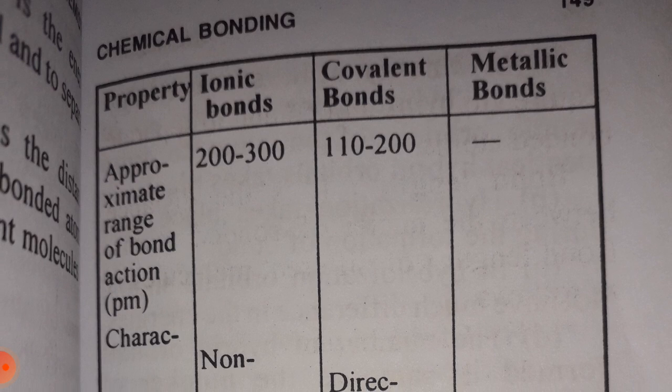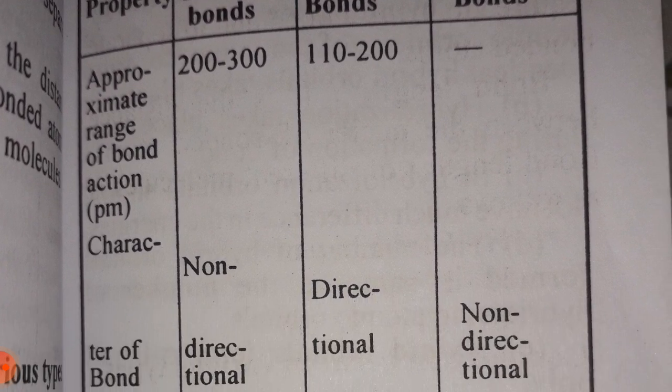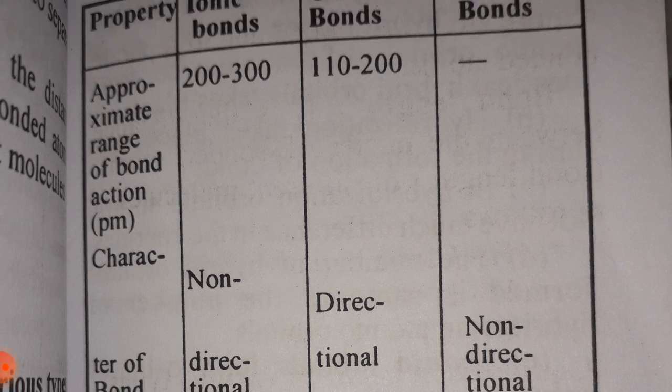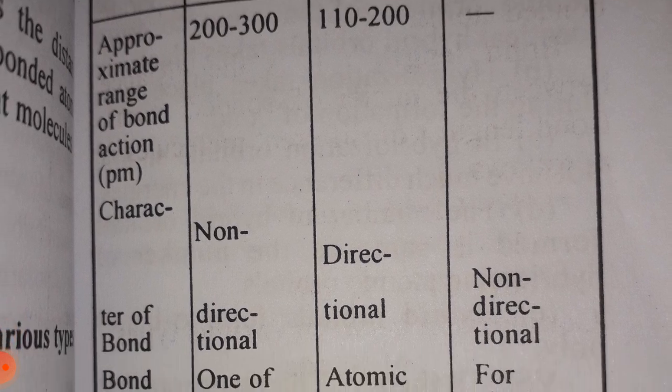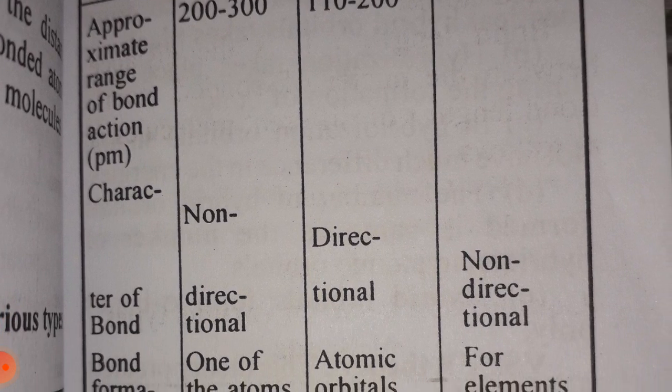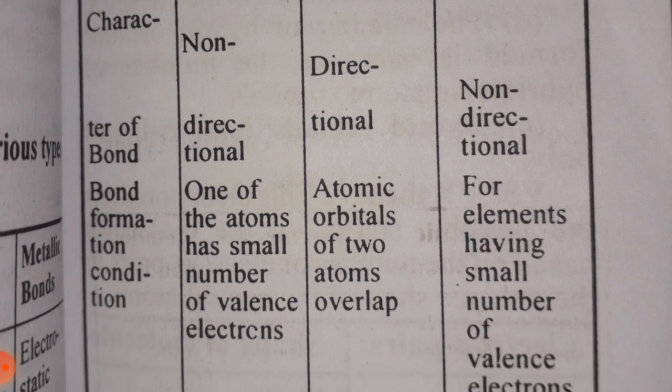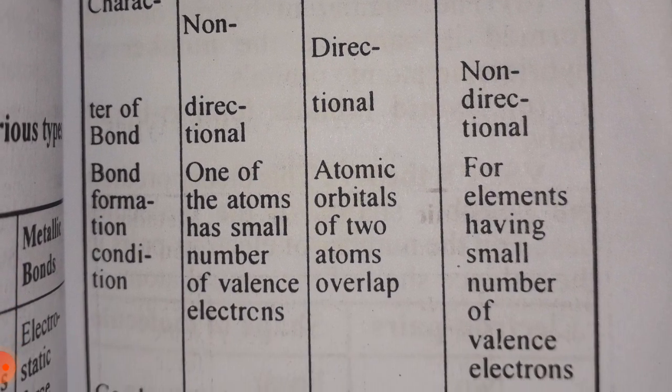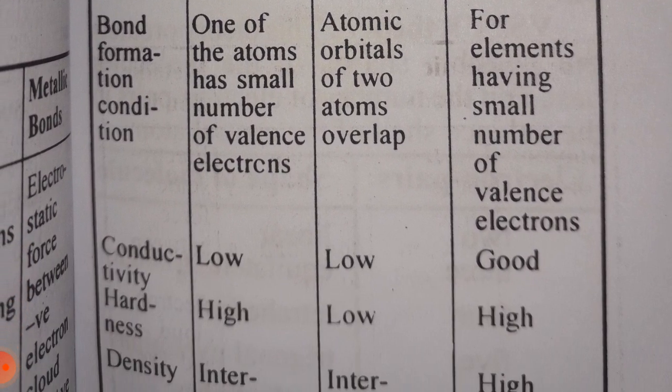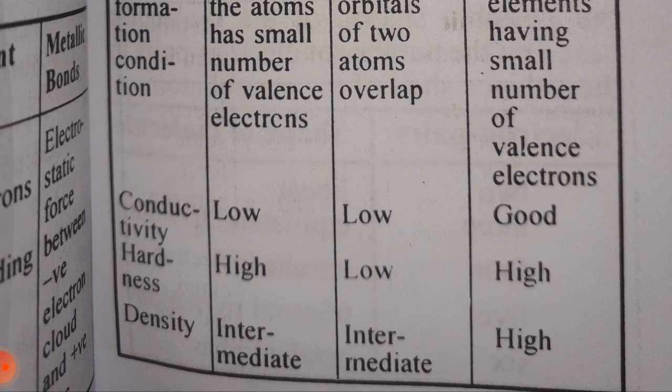Ionic bond 200 to 300. Covalent bond 110 to 200. Metallic bond. Character of bond: non-directional, directional, non-directional. Bond formation condition: for ionic bond, one of the atoms has a small number of valence electrons. Covalent bond, overlap of the orbitals of two atoms. Metallic bond, for metals having a small number of valence electrons.